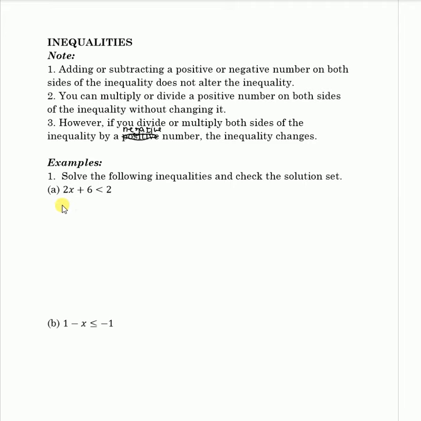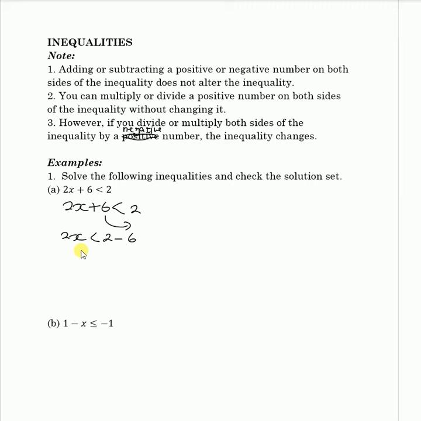2x plus 6 is less than 2. Let's take that 6 to the other side. 2x is less than 2 minus 6. When it comes to numbers crossing the inequality sign, they behave as if they are crossing an equal sign.